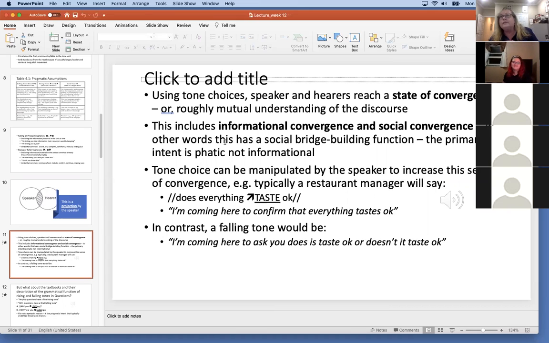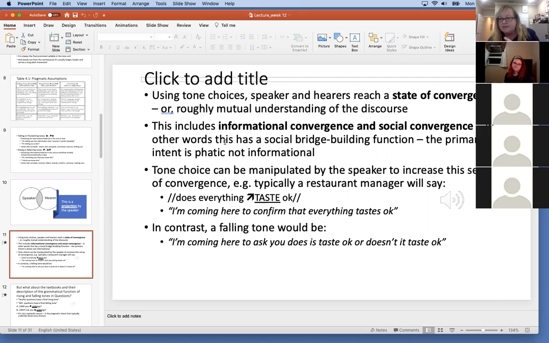So they will say something like, "Does everything taste okay?" with a rising tone. What that glosses as is, "I'm coming here to confirm that everything tastes okay, right?" So you're going to say, "Yeah, everything tastes great." And the speaker's like, "As I suspected, I assume everything tastes okay."